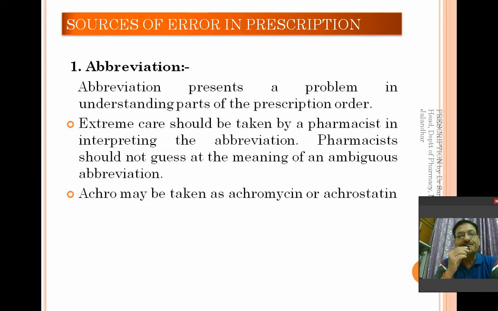For example, acro may be taken as acromycin or acrostatin by a pharmacist. So if an ambiguous abbreviation is written by a doctor, then you must call the doctor to clarify whether it is acromycin or acrostatin.